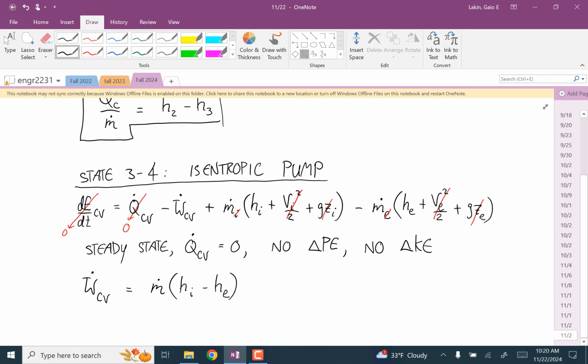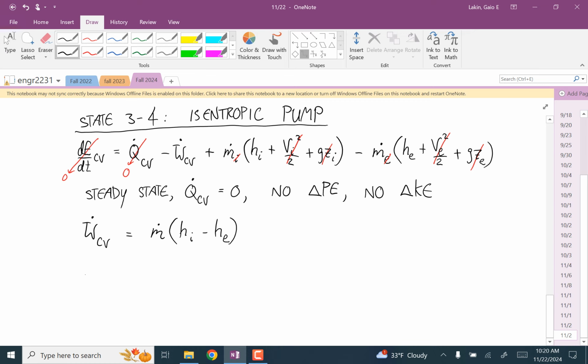At the pump, does the work go the way we expect? At the pump we expect work to be done on the system. So that's negative, exactly. So we have negative W dot at the pump is equal to m dot times the quantity h at the inlet, which is h3, h at the exit, which is h4.